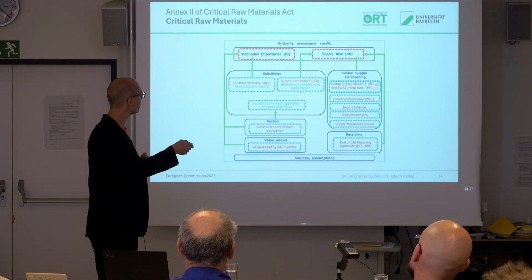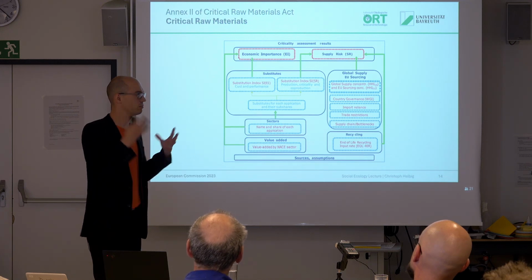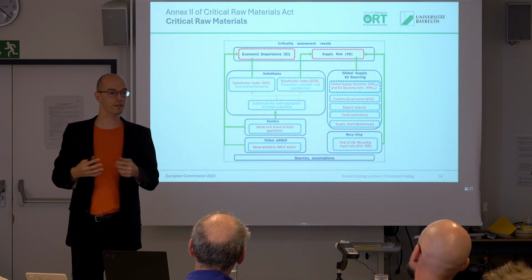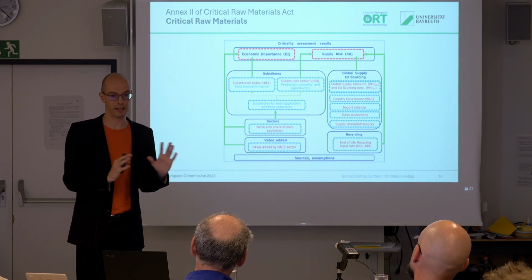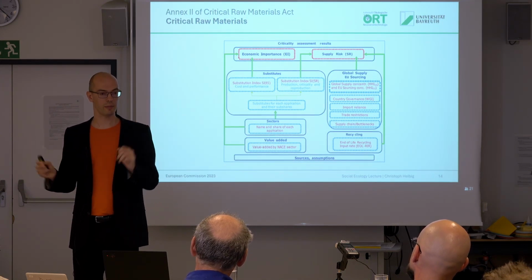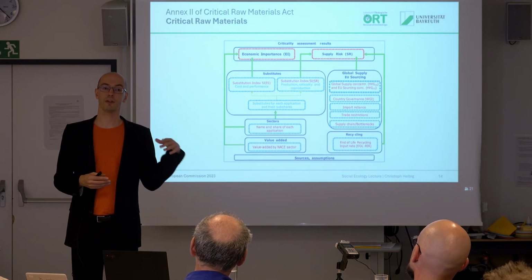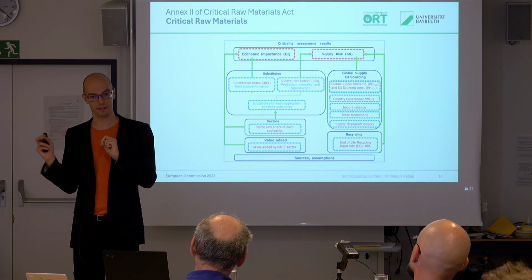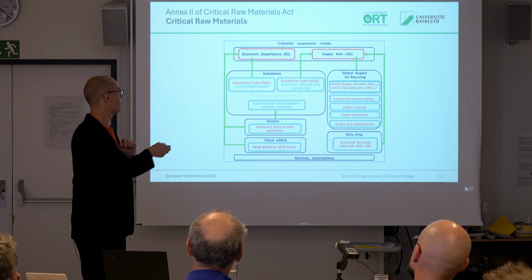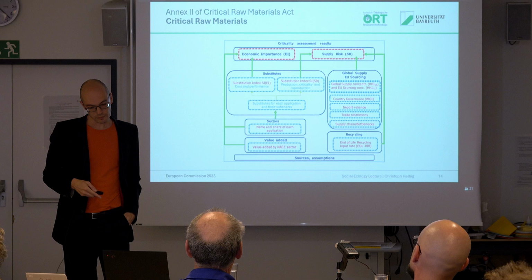And it funnels into two benchmarks, so to speak, supply risk and economic importance. They are those two dimensions that we just saw. So the European Commission talks about economic importance when they mean vulnerability. And they also talk about supply risk.